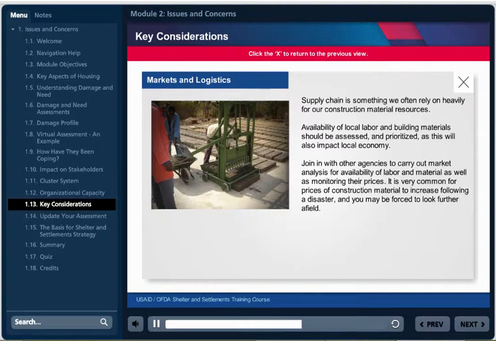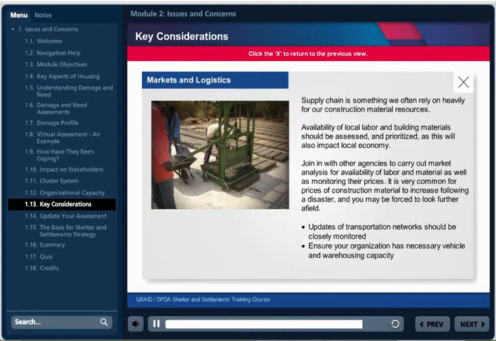It is very common for prices of construction material to increase following a disaster, and you may be forced to look further afield. Updates of transportation networks should be closely monitored, and ensure your organization has necessary vehicle and warehousing capacity for the shelter intervention being planned.